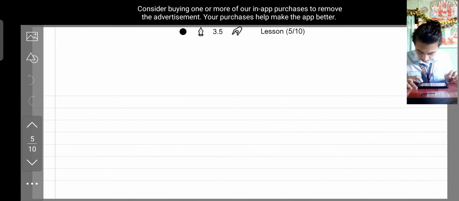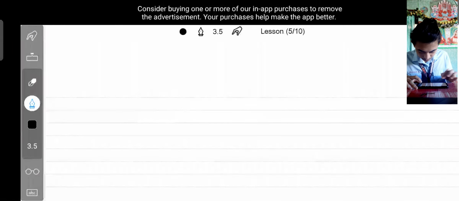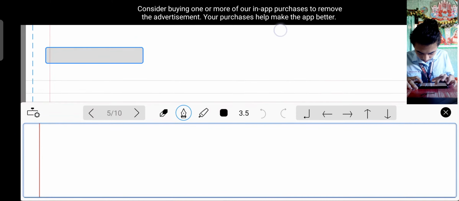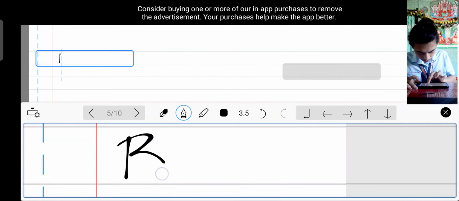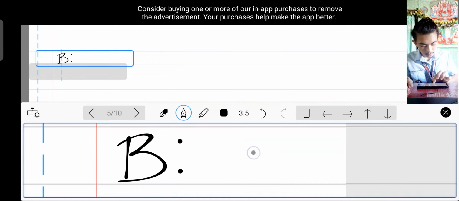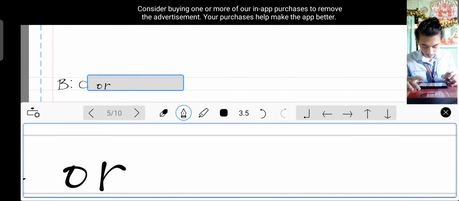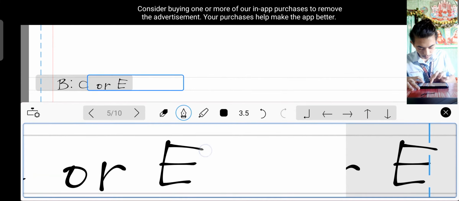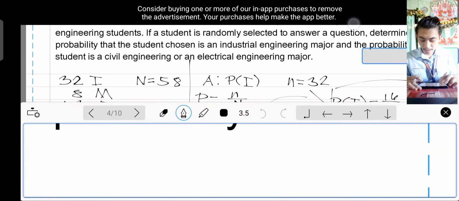Let event B be civil engineering or electrical.